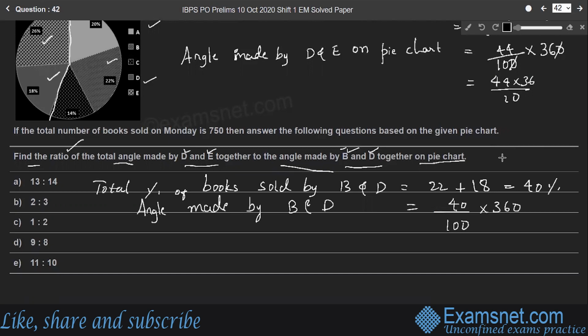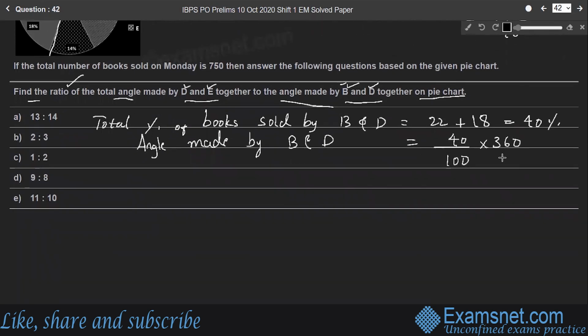Therefore, out of 360, it is 36 into 4, right?